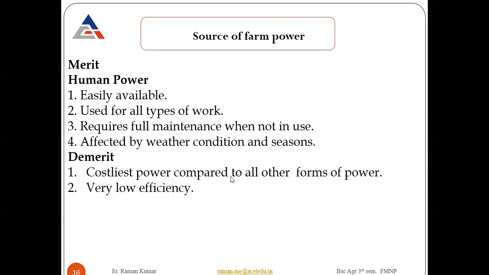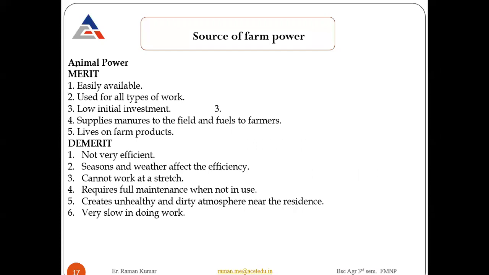Next, costlier power compared to all other farm power, because humans need wages, so it is much costlier than other forms of power like tractor and bullock. It also needs rest, and it is affected by weather conditions and season. So number three and number four come under the demerits of human power, not under the merit condition.